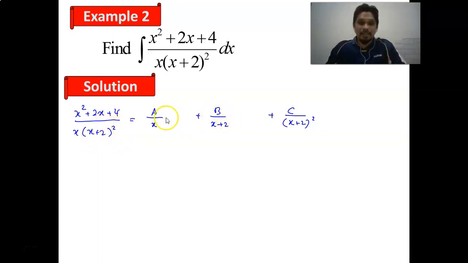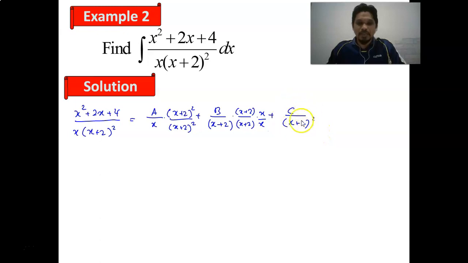Okay, so now class, again we are going to equalize the denominator of all these three with the original question. It means that we come out with (x + 2)² divided by (x + 2)². And for this one we need another (x + 2) divided by (x + 2), because (x + 2) times (x + 2) is (x + 2) in bracket square, and then multiply with an x here and x here.